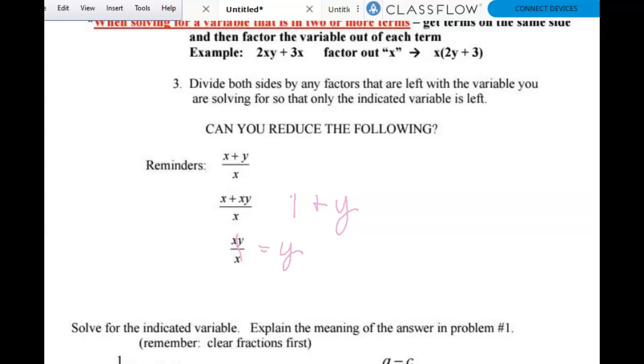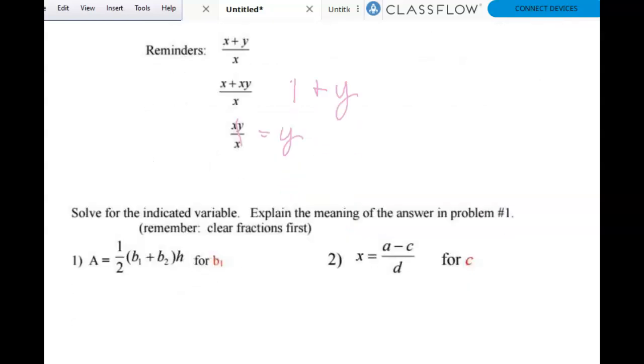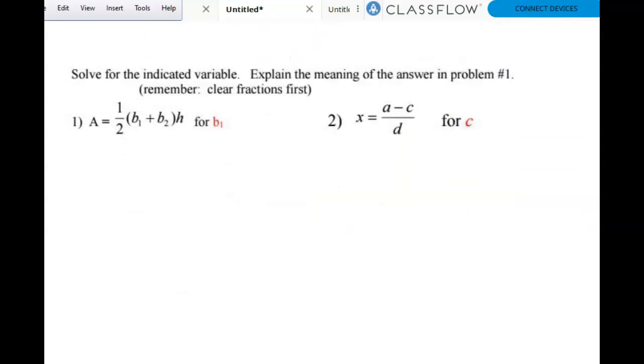Okay, so next, we're going to go on. Y'all, we are going to do exactly what we did yesterday, but we're just going to do it with letters this time. So what am I solving for?